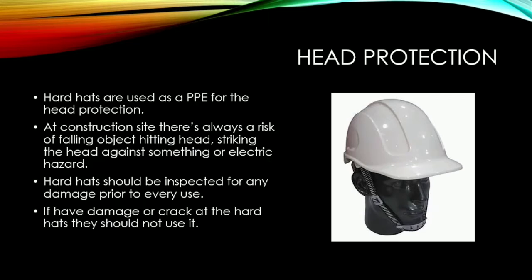Helmets should be inspected for any damage prior to every use. If there is damage or a crack in the helmet, they should not use it because it will be dangerous for all the workers. Because it's not safe anymore, because the helmet is already cracked and damaged.